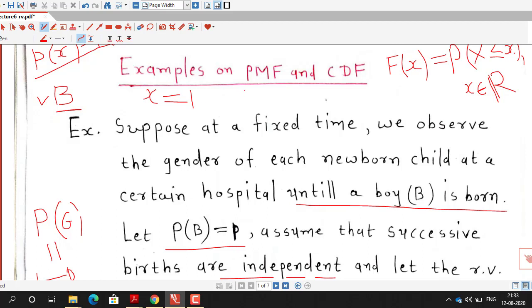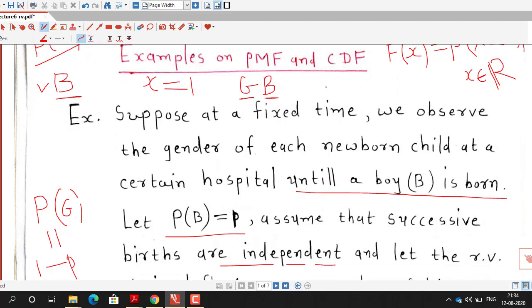Now suppose the first newborn child is a girl and the second newborn child is a boy. If the first newborn child is a girl, they will not stop observing, because they are observing until a newborn child is a boy. They will wait for the second newborn child, and if the second is a boy, they will stop observing.